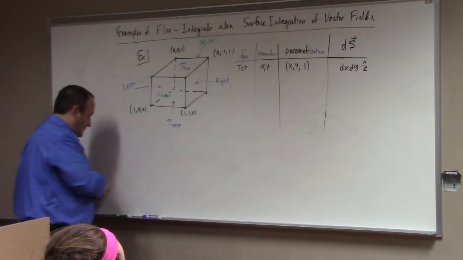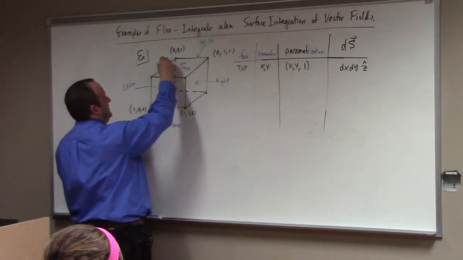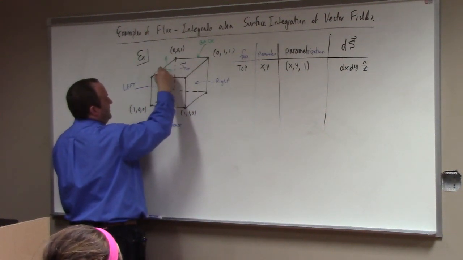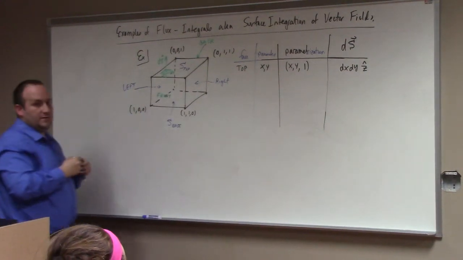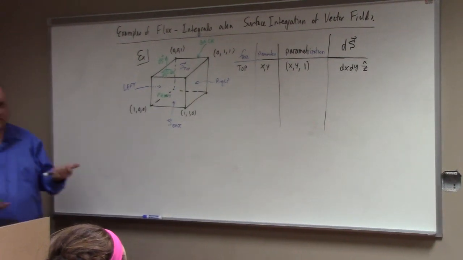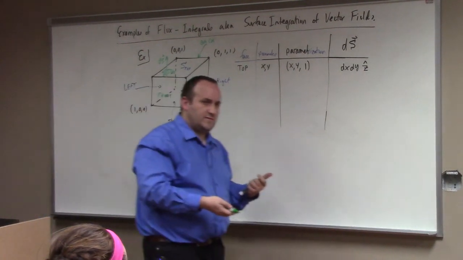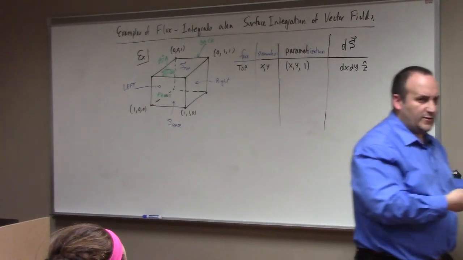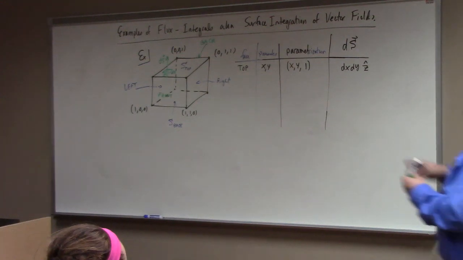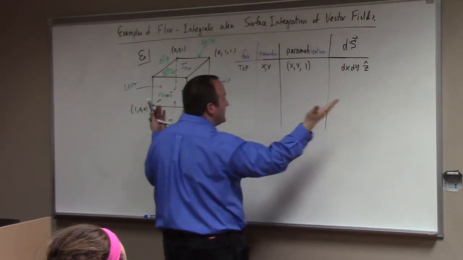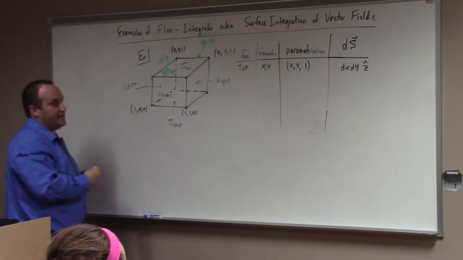If you picture it, you've got some little dx, dy like this, and here's your ds. Yes, we could go through the trouble of calculating the cross product of the partial derivatives with respect to x and y. It would work out to z hat. But I think you can see from pure geometry alone that that should be what ds vector is.